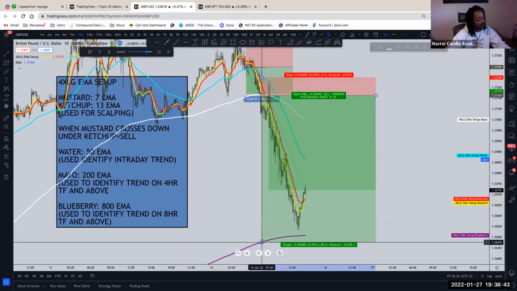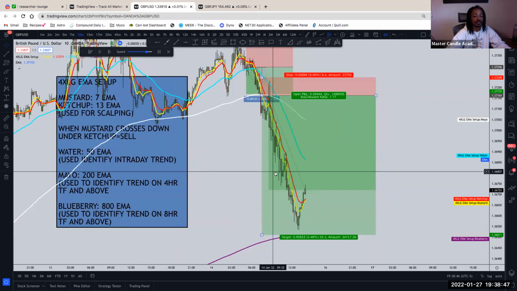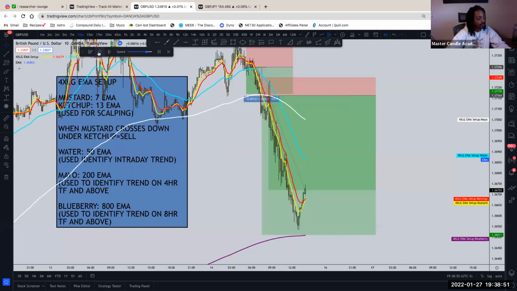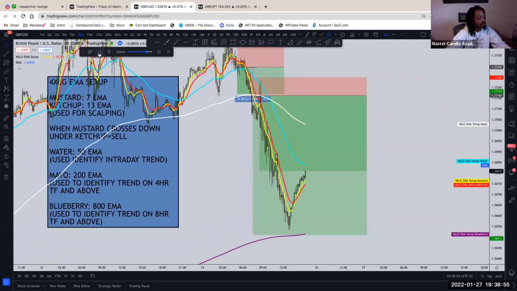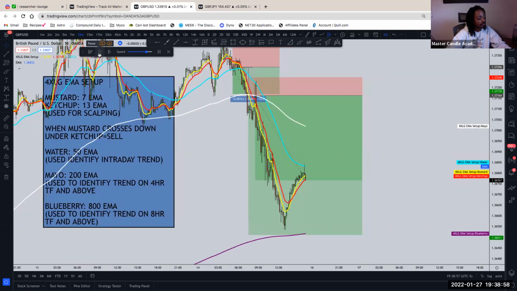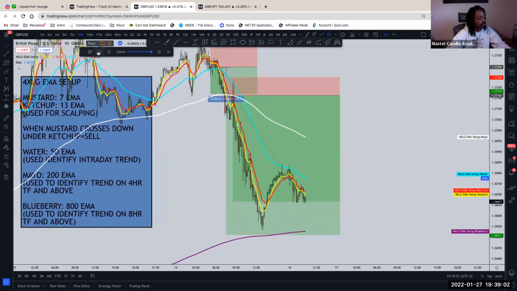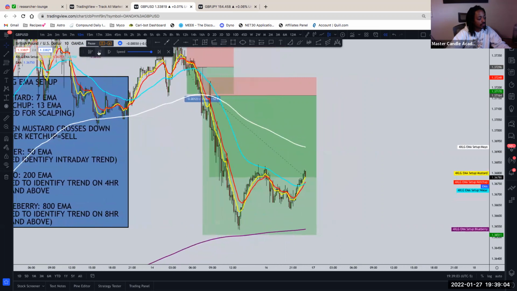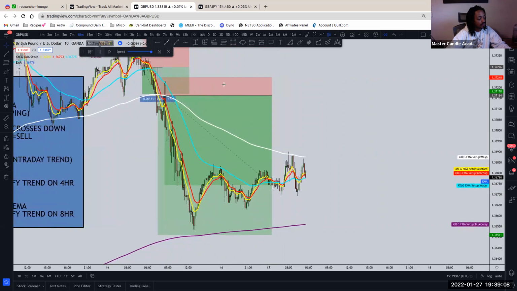And that's the thing with the 4XLG, because it's reading the averages of price, it does adjust and it does move. So you just kind of have to be watching it, paying attention. Let's see what it's gonna do.